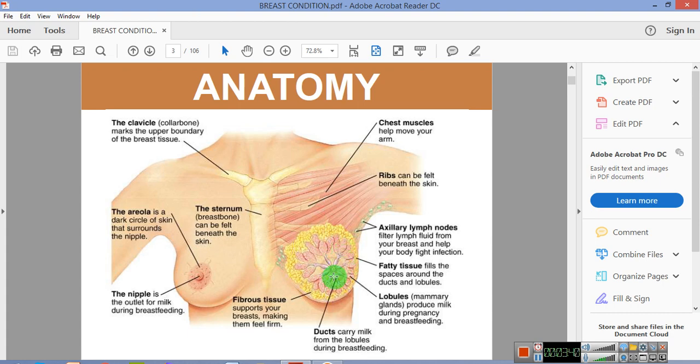Milk is produced in the lobules, and then it drains through the ducts towards the nipple.